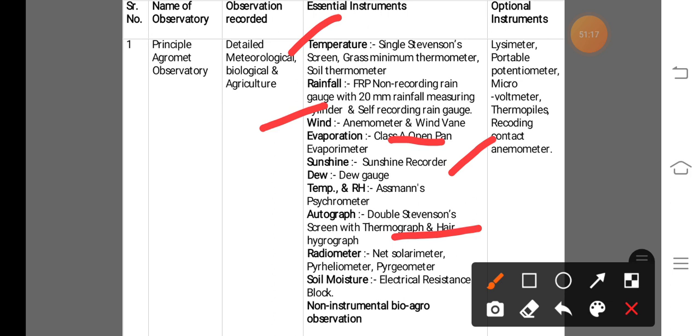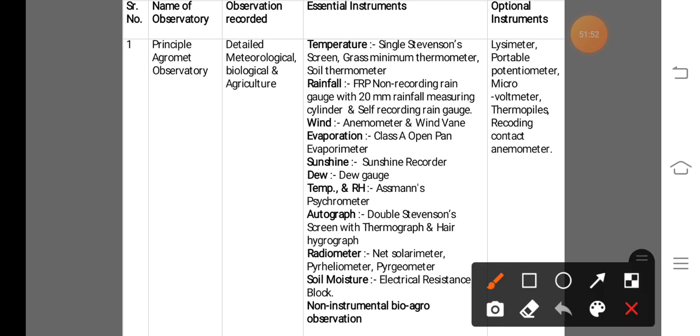For measurement of radiation, radiometers, that means net solarimeter, pyranometer, are used for measurement of solar radiation. Also for the measurement of soil moisture, electric resistance blocks or other soil moisture equipment are used. Also non-instrumental agro-bio observations, that means insect pest and different crop observations, are recorded. These are the essential instruments.